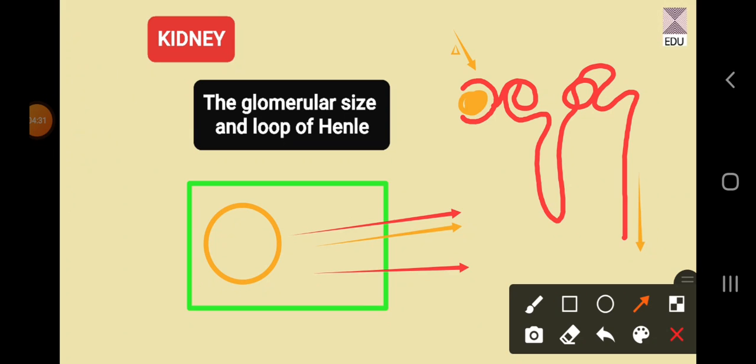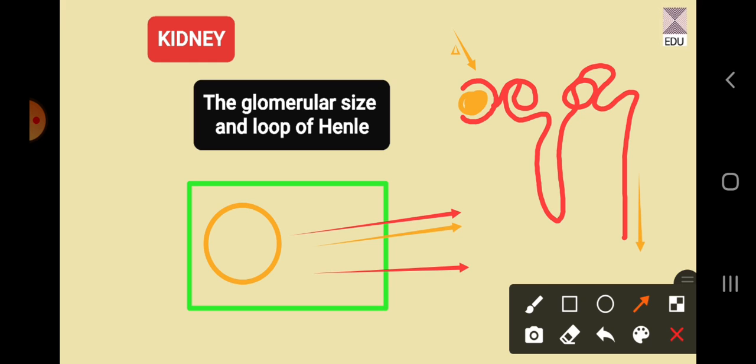If we have a situation opposite to this condition, and an animal is living in a hypertonic kind of environment, what will happen? The water from the body will go out. So the animal will need to conserve the water.